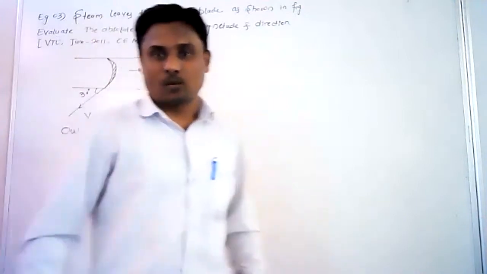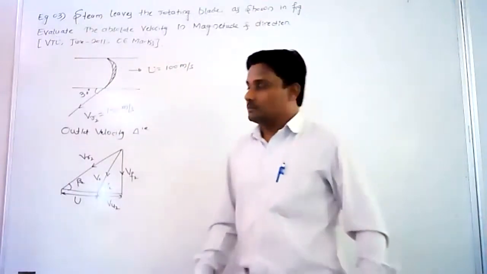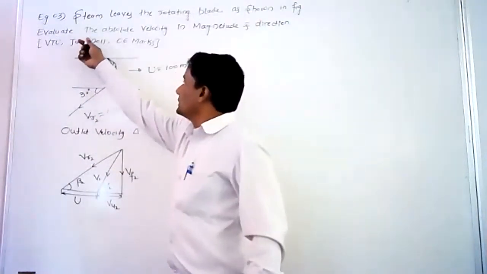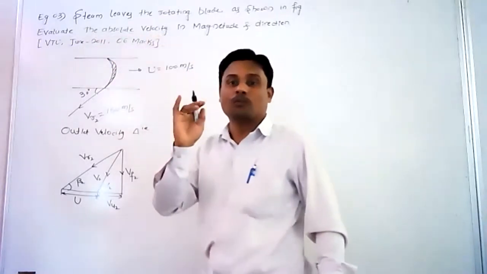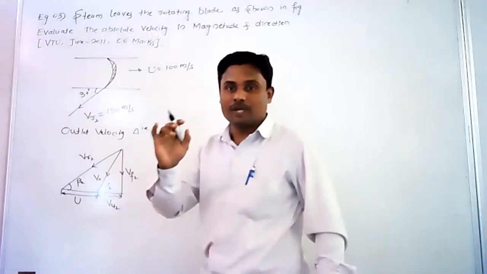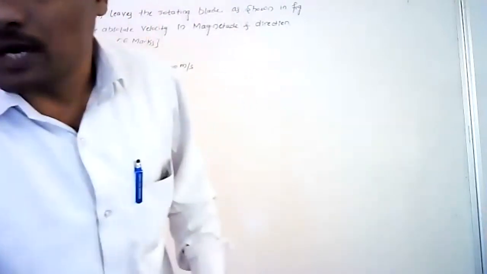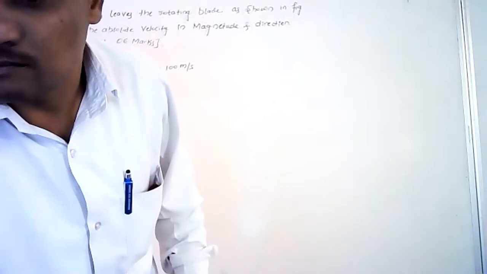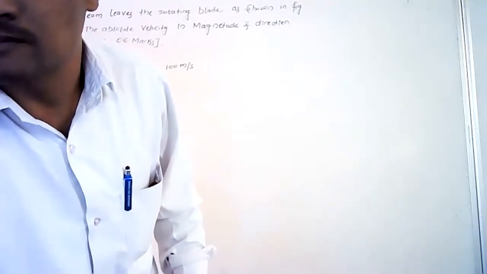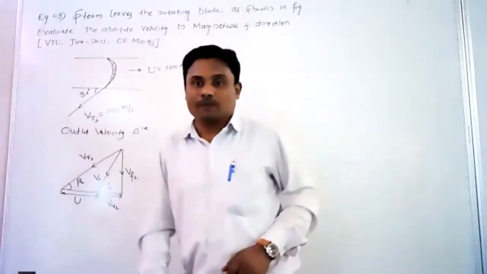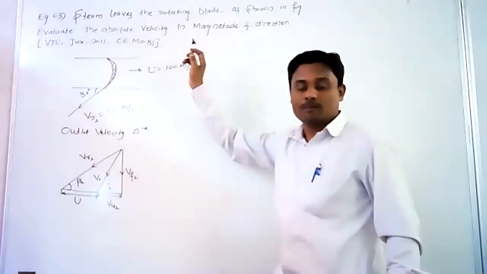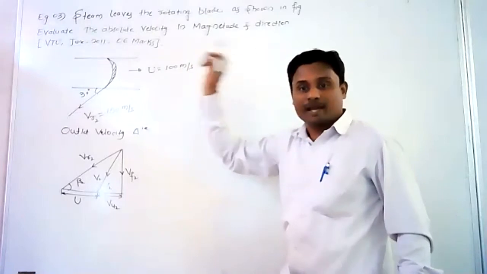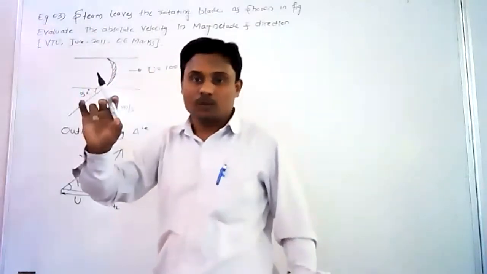What he is asking us to calculate: evaluate the absolute velocity, meaning V. Evaluate the absolute velocity at the outlet, meaning V2. Its magnitude is its value.